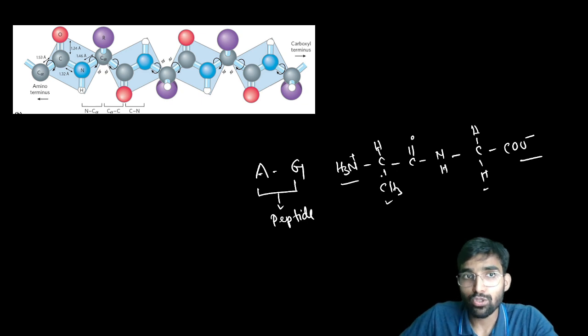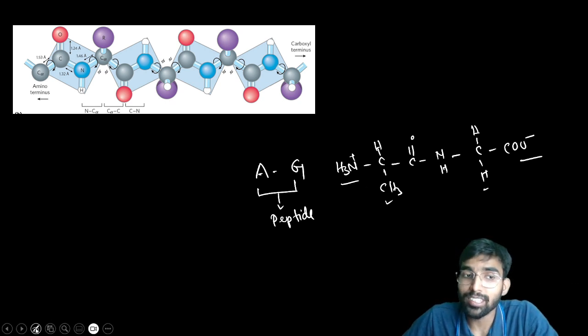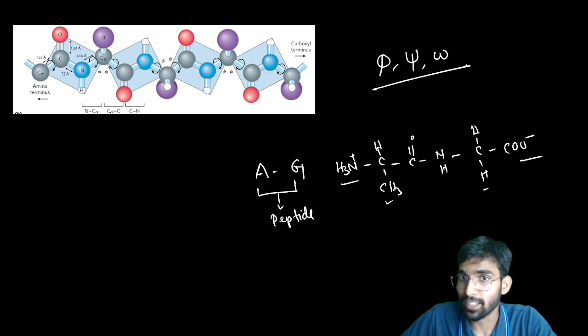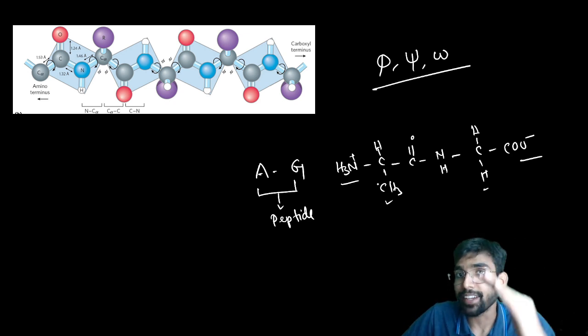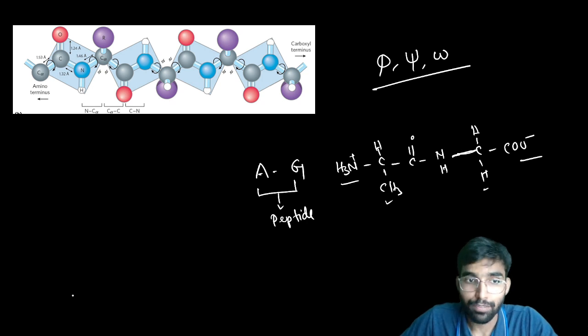Now, if we zoom in, we get multiple dihedral angles. Here there are three different kinds of dihedral angle: one is phi, another is psi, and another is omega. The dihedral angle between C, N and C alpha is known as phi, so we can write phi here.